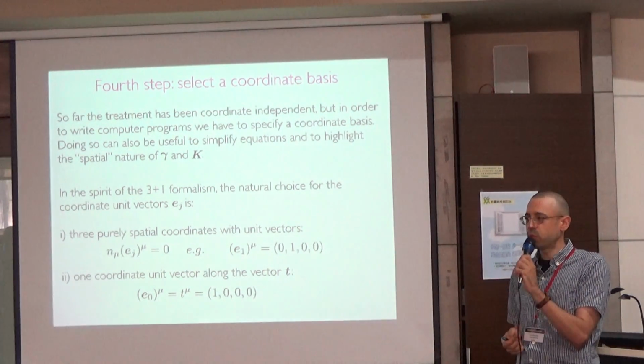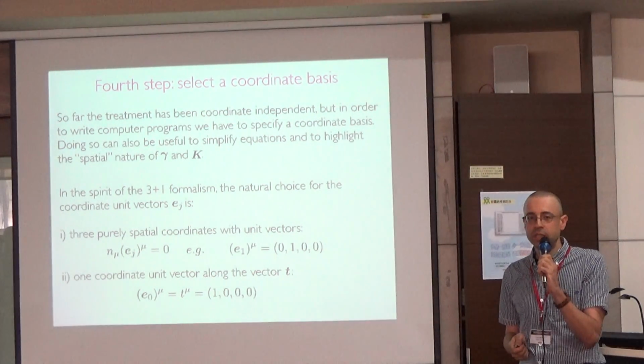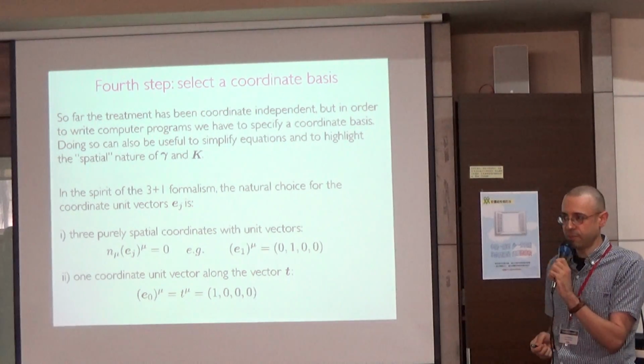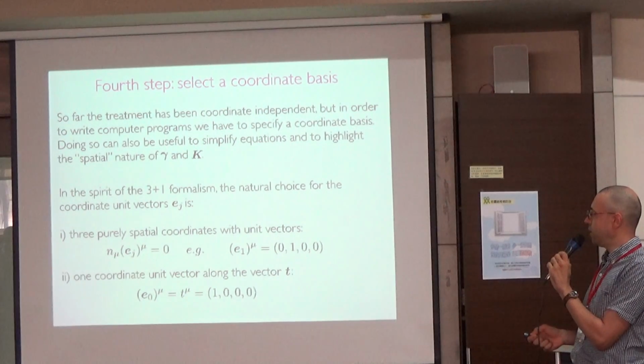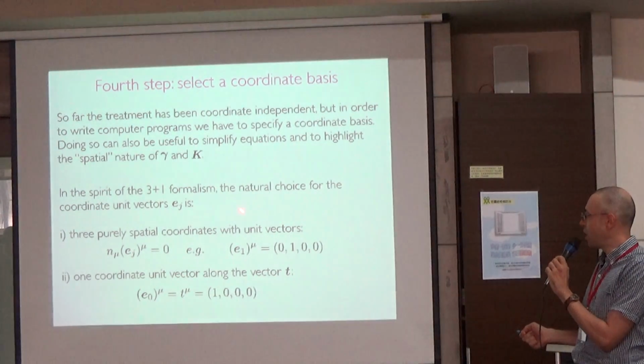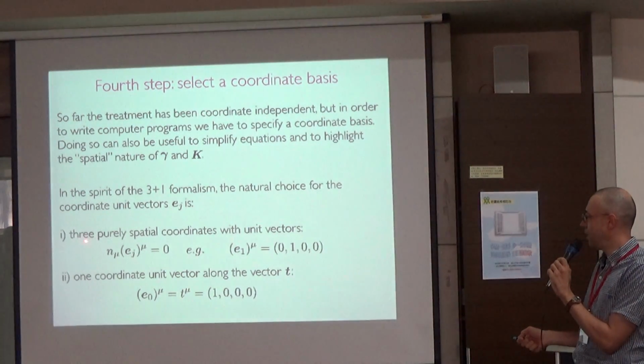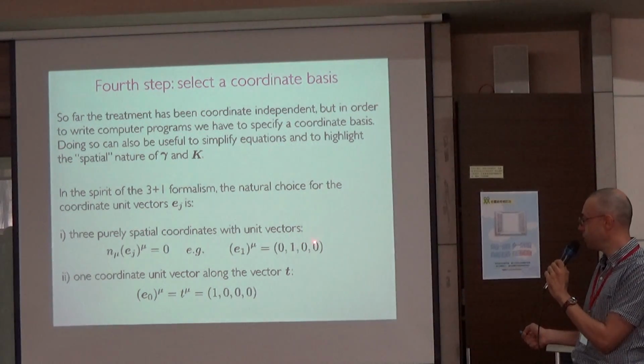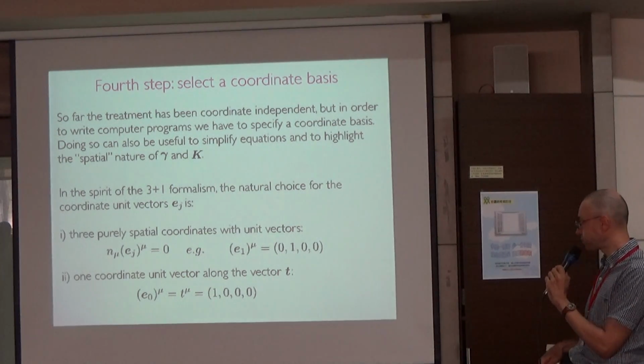But to have computers make computations, we need to select coordinates. And a very natural choice is three purely spatial coordinate unit vectors, and one coordinate unit vector along the vector t.